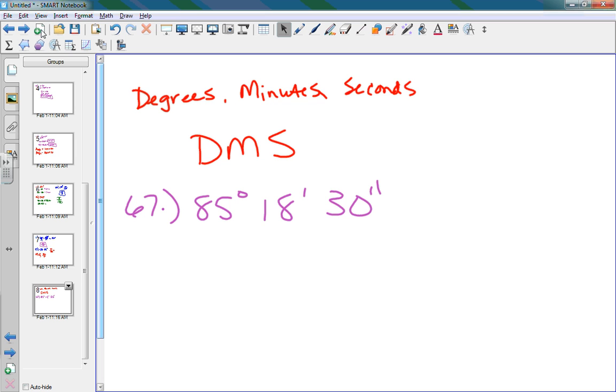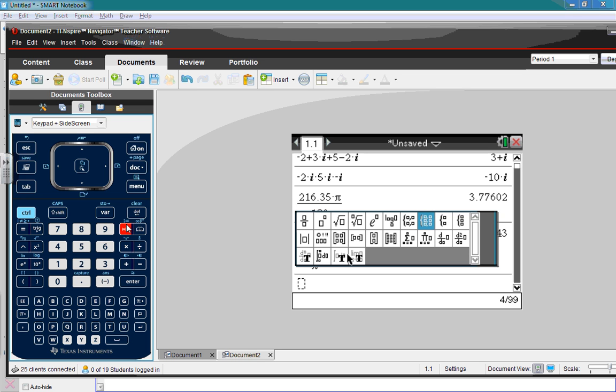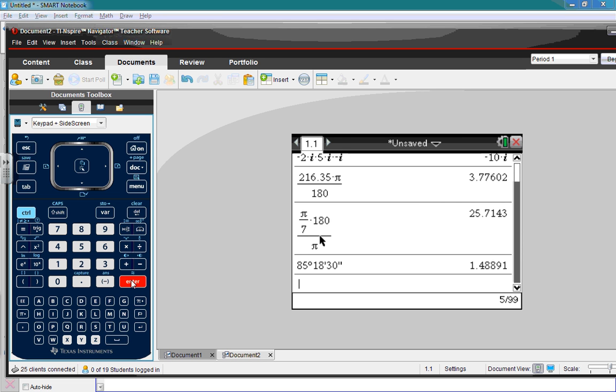So on your calculator, you're going to hit the key directly to the right of the number 9, second row, second column. That is degrees, minutes, and seconds. Hit enter. I'm going to type in 85, arrow to the right, 18, arrow to the right, 30, and hit enter. And it gives you the decimal.